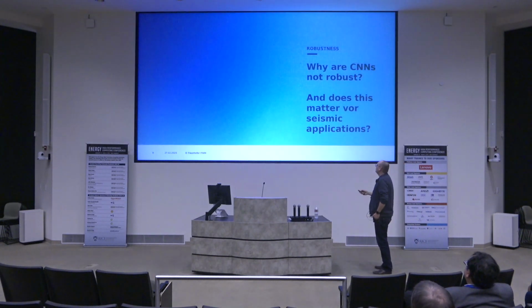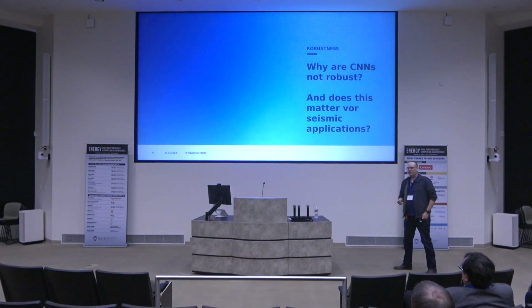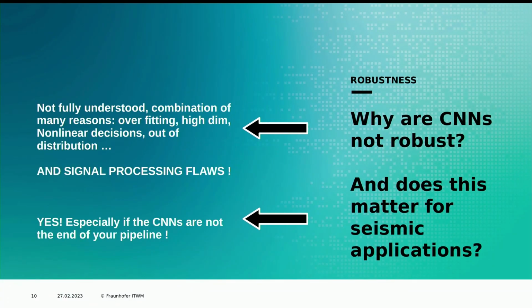So what's the cause for this? Why does this happen? Actually, we only partially know. That's the truth. There's been a lot of research in the last two to three years because the community is detecting this problem and investigating, and so far it's not well understood.